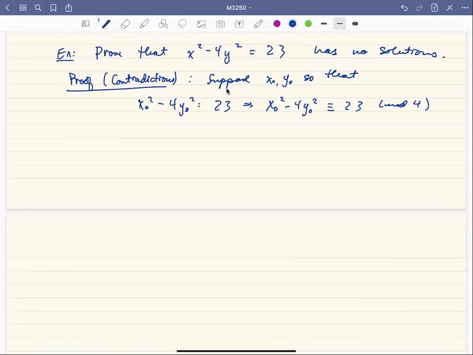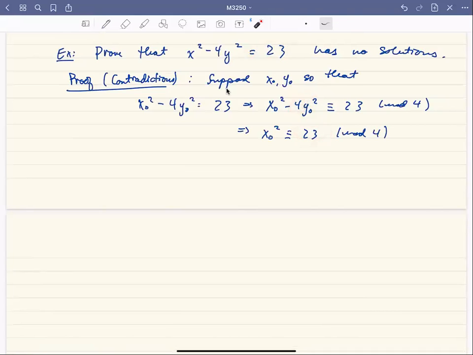The reason why we want to work mod 4 is two reasons. One is that we understand how squares work mod 4. The other is that if we work mod 4, then 4 is just 0. And so this implies that x naught squared is congruent to 23 mod 4, because this 4 here is really a 0 when working mod 4. And if it's a 0, we can just forget about it. Now, what's 23 mod 4?